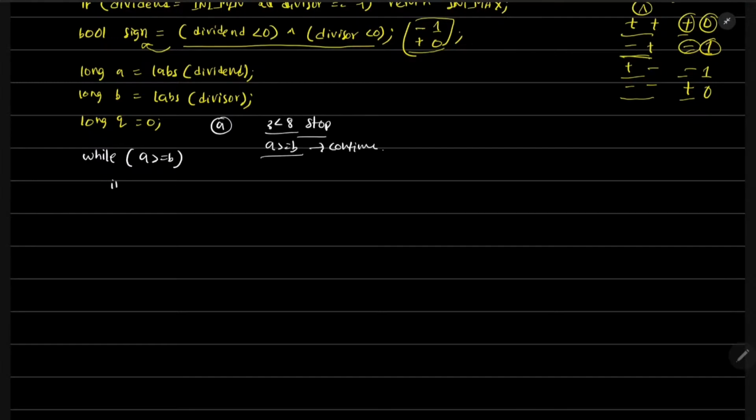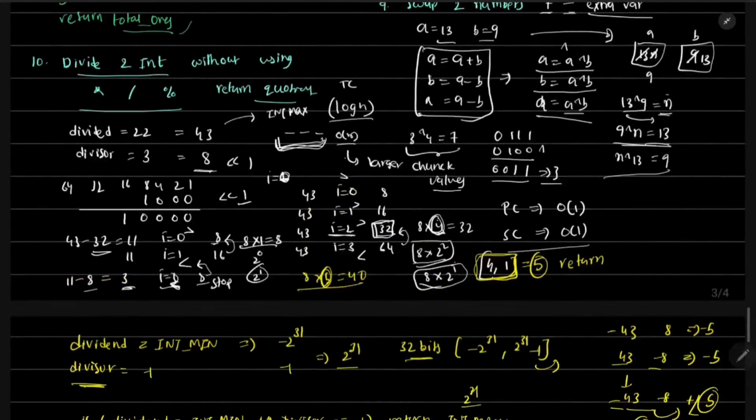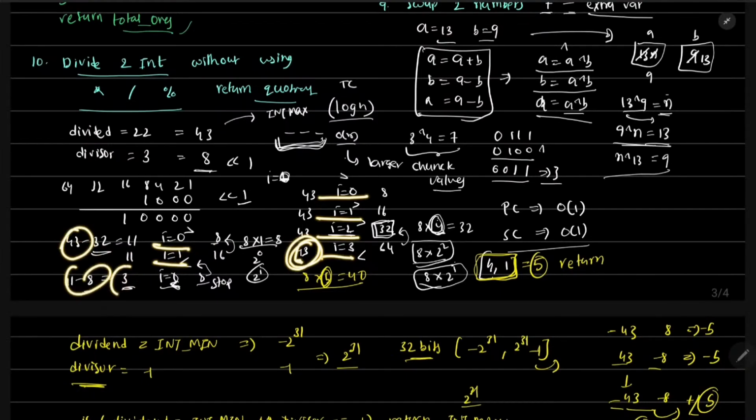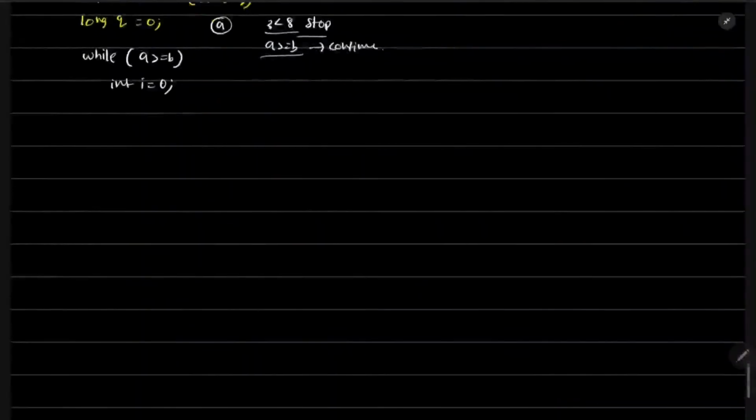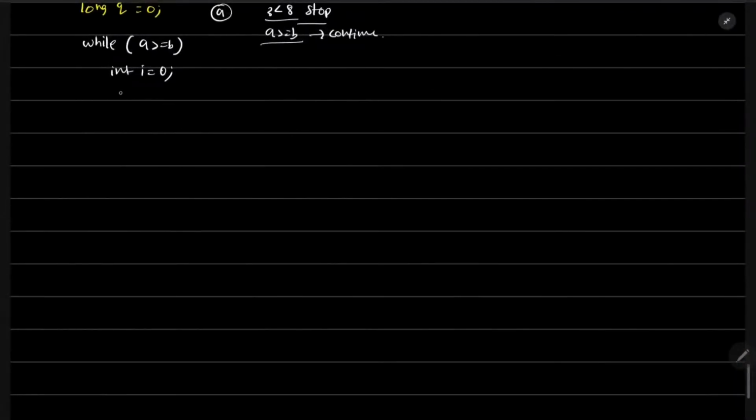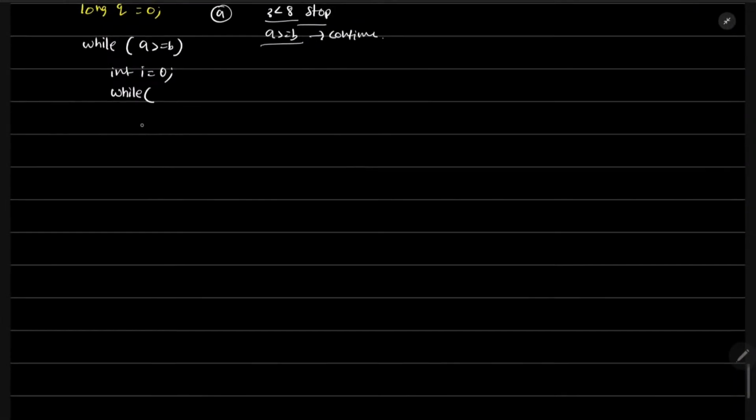We start with i equal to 0 every time, right? You see here, i equal to 0, i equal to 1, i equal to 2, i equal to 3. Now after changing a, we are starting from i equal to 0 again, i equal to 1. After changing a, we are starting with 0 again, right? So let's do this. We have to start from 0. We take a while loop again. We go until i is less than 31, right?